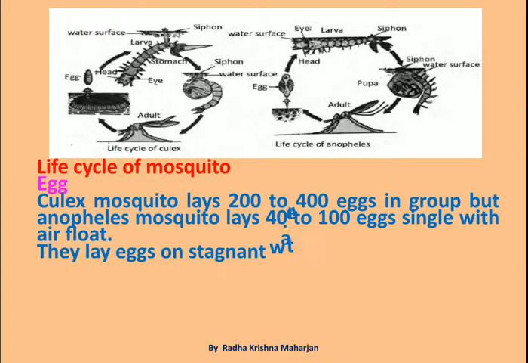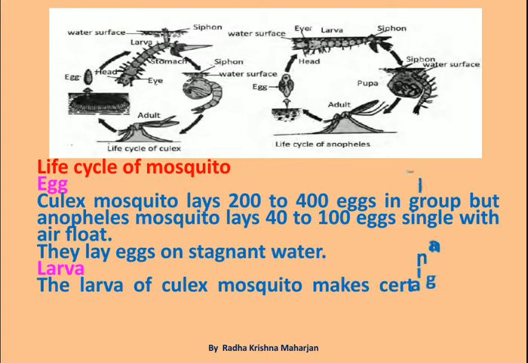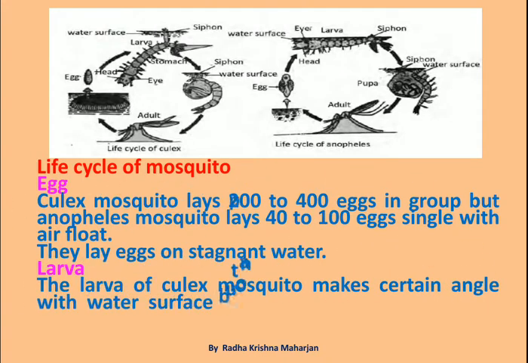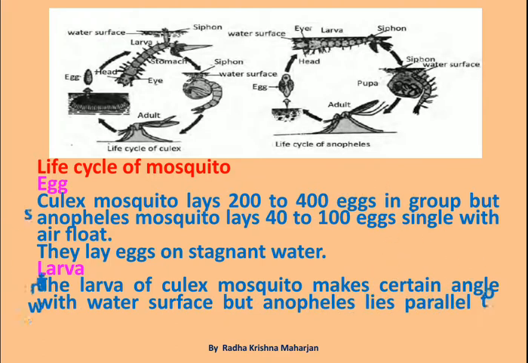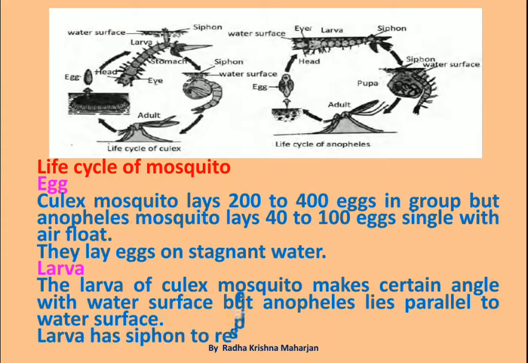They lay eggs on stagnant water. Larva. The larva of Culex mosquito makes certain angle with water surface, but Anopheles lies parallel to water surface. Larva has siphon to respire.